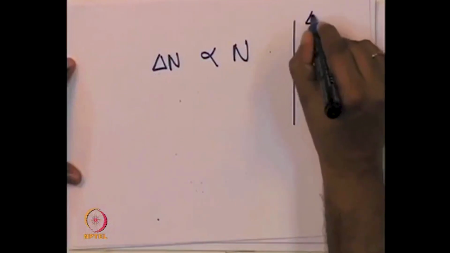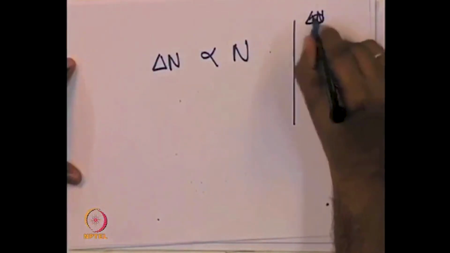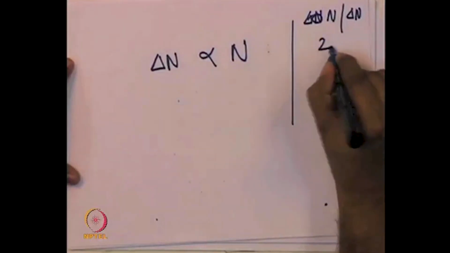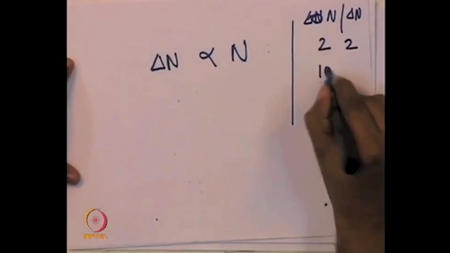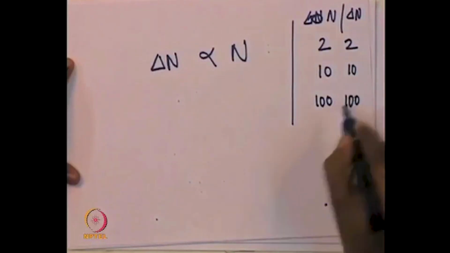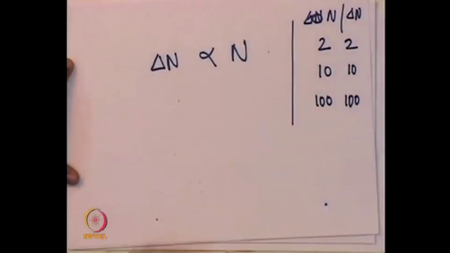We can say the delta n is proportional to the n itself.